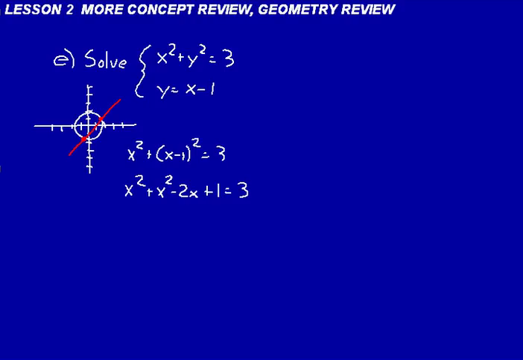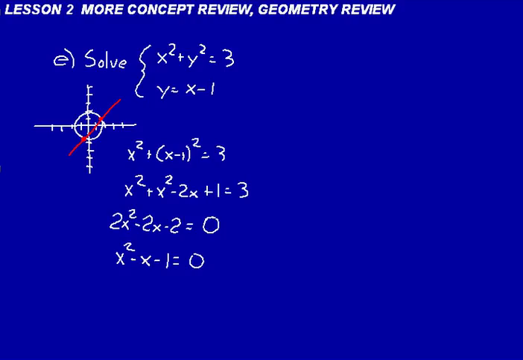If we just move everything over to the left and set it equal to 0, we'll have 2x squared minus 2x minus 2 equals 0. Factor a 2 out and we'd have x squared minus x minus 1 equals 0.